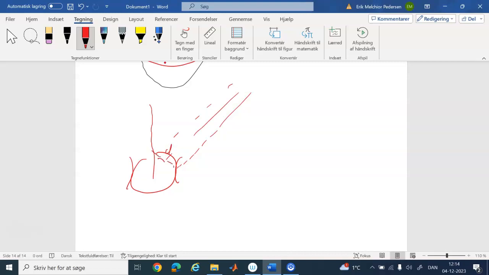Then it turns out that this distance is r times sine phi, and this circle distance is r times phi. So delta t is delta s divided by c. It's very simple here.